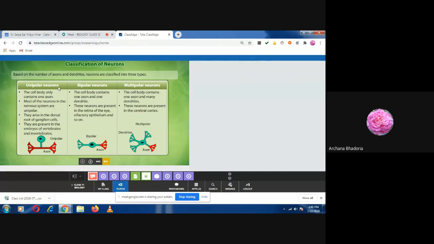Unipolar neurons have one axon. Bipolar neurons have two axons. And multipolar neurons have more than two axons. Clear to everyone? This figure is a bit confusing, okay?